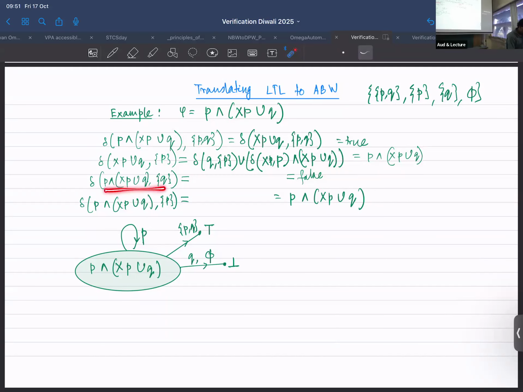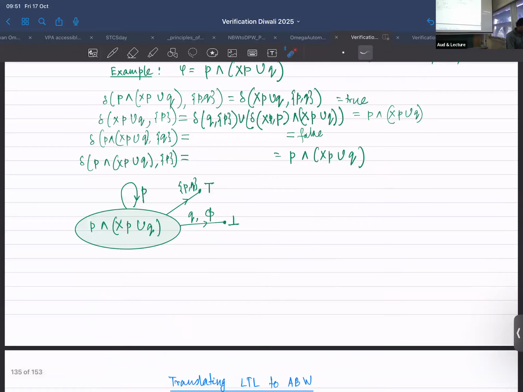So this is false because there is a conjunction here, and delta of P comma Q is false. So you get a false here.